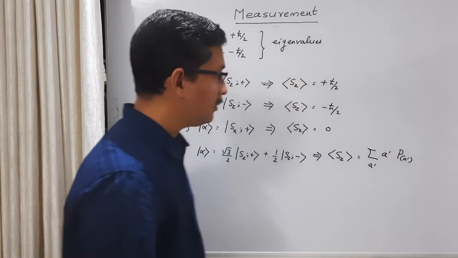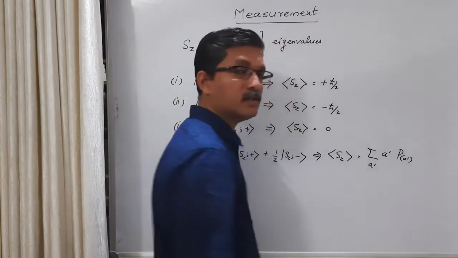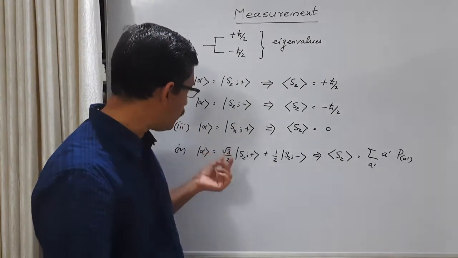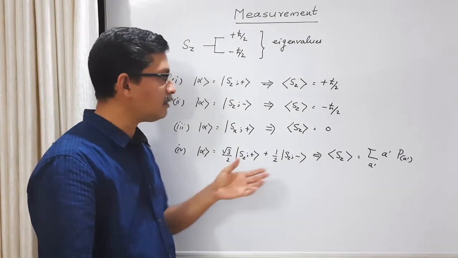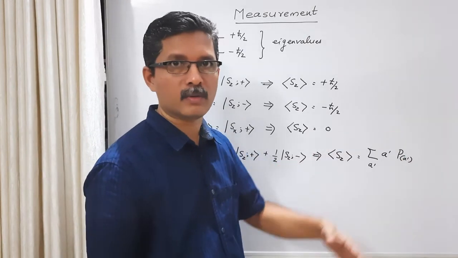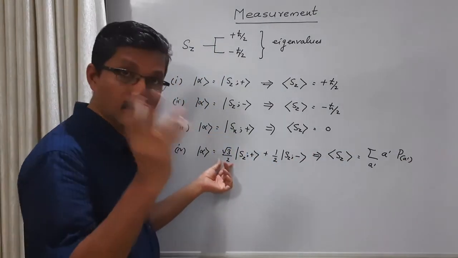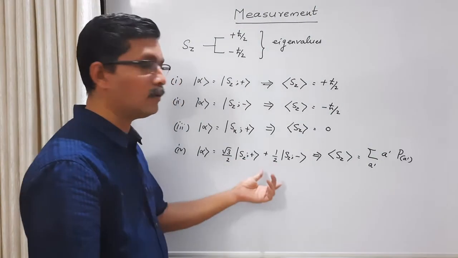What is this probability actually? It is the square of the expansion coefficients, that is the inner product between a prime and alpha, whole square. So we need to take only the square of these expansion coefficients.